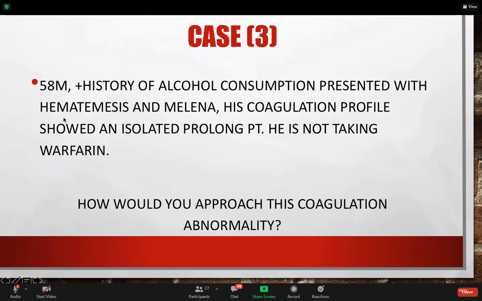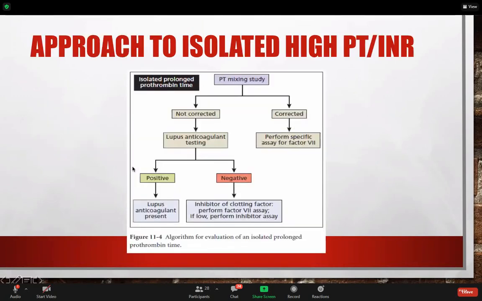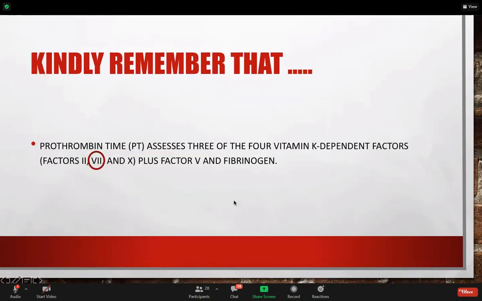Again, the same. When you have an isolated prolonged PT, you go with the mixing study, okay? The same concept. When it's corrected, that means they basically have a deficiency. When it's not corrected, you think about inhibitors like lupus or specific inhibitors for factor 7, for example.